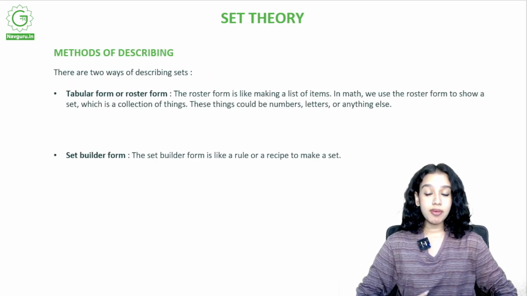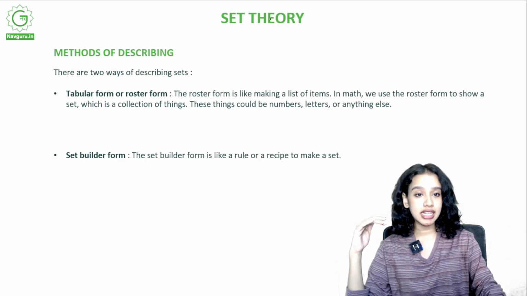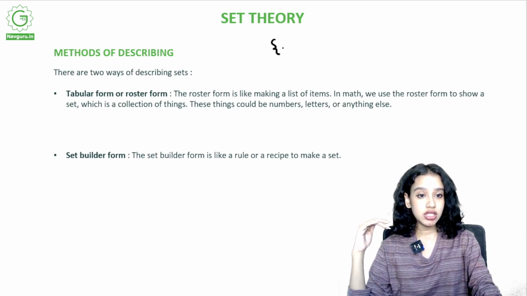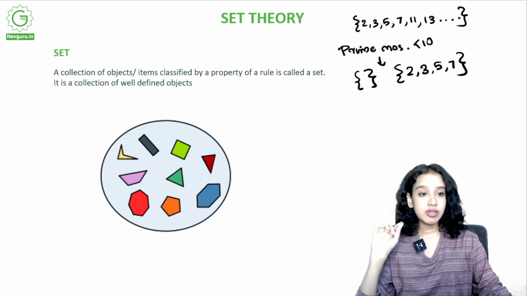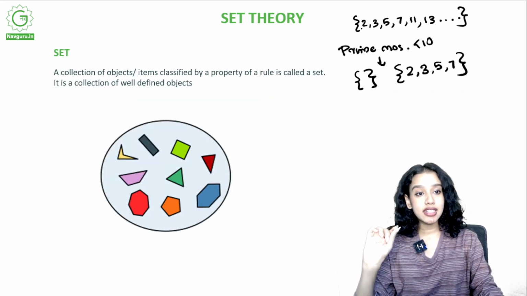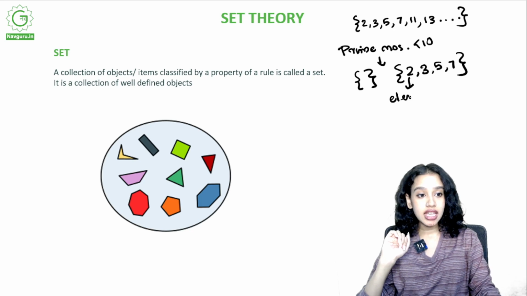Now let's move on to the methods of describing sets. I told you how we represent sets. Sets are represented using curly brackets and every element. Now what are the elements of a set? I said there are different prime numbers written here. Each one of these numbers is called an element of the set.